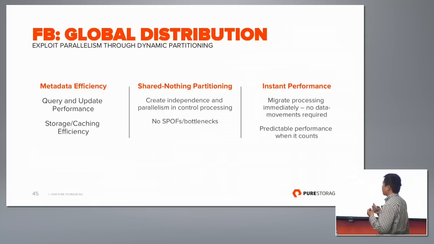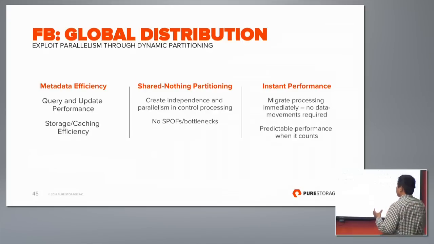The way that we achieve that is by creating deep parallelism and independence in how those compute cores can update and access the metadata. The way that we achieve that parallelism is by partitioning, right? We partition access to that metadata into independent portions that don't require lots of coordination overhead just to make any changes.